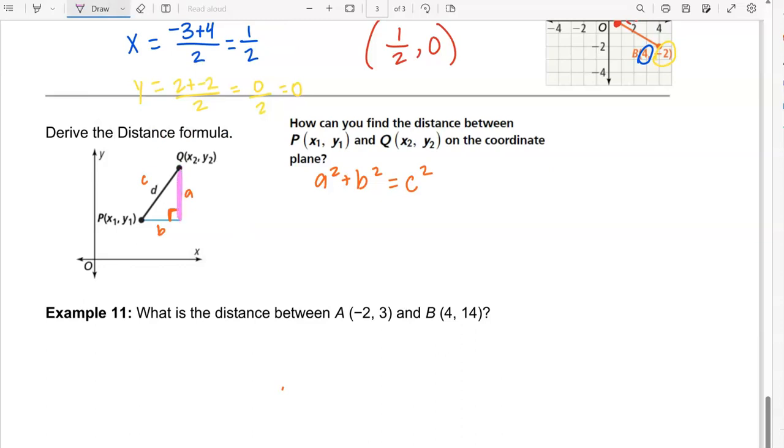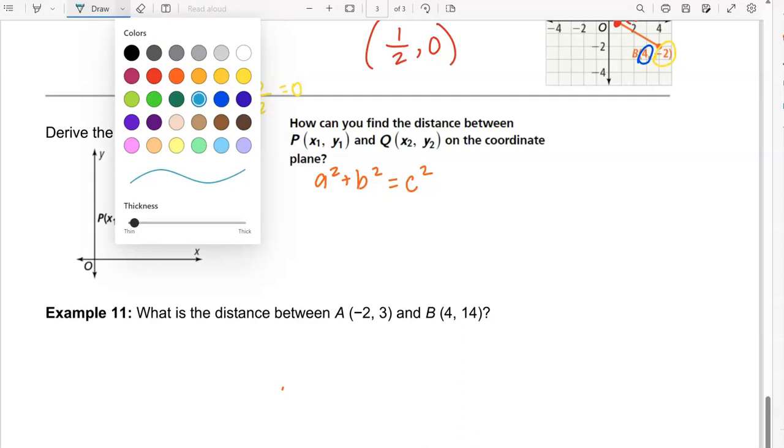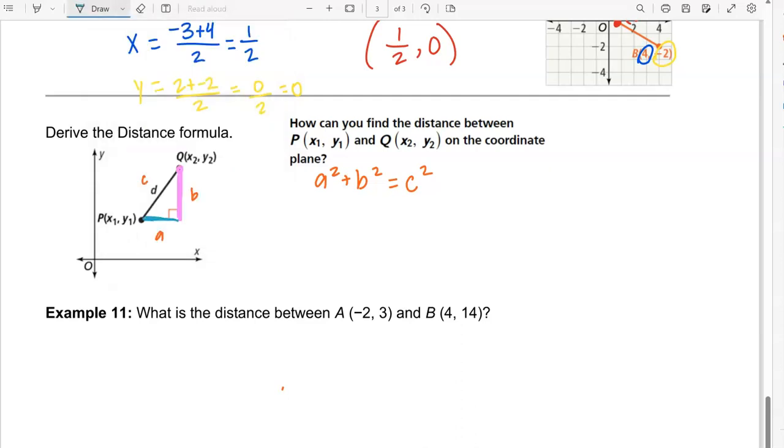Going right here for our A side or our B side. I'm actually going to change the A and the B. It'll make a little bit more sense in a second. So if we look at this A side first, to get from one side to the other going horizontally, that's along our x-axis.